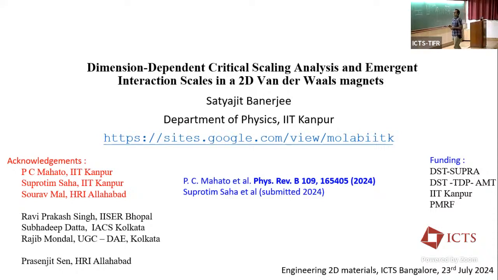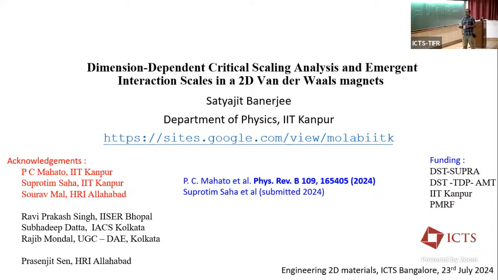These are the crystals from IISc Kolkata, CGT, chromium germanium telluride, and FGT from Ravi Prakash and Rajiv Mandal. I'll basically concentrate on my studies on the chromium germanium telluride CGT system and tell you some of our recent results on them.